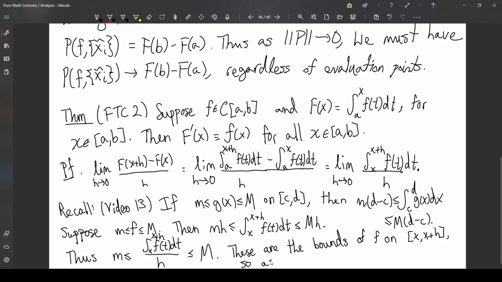So as h approaches 0, little m and capital M will approach f of x. Because then the interval from x to x plus h is just going to approach the point x, and so f of x, its minimum and maximum values are just f of x.